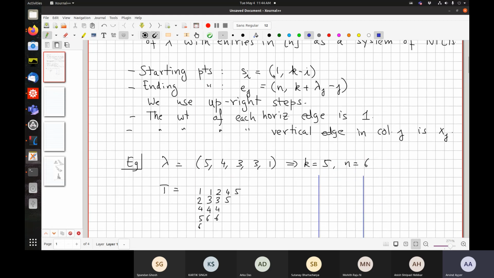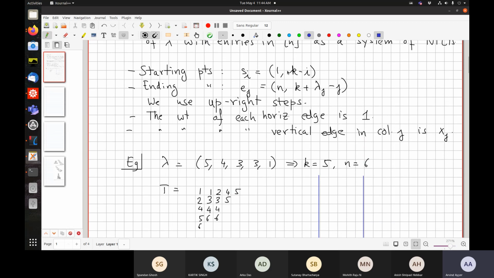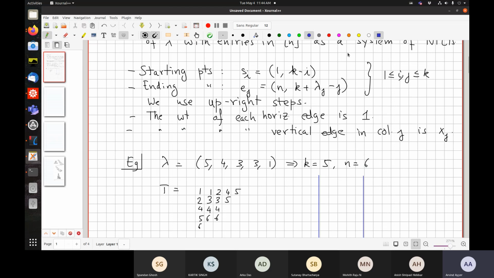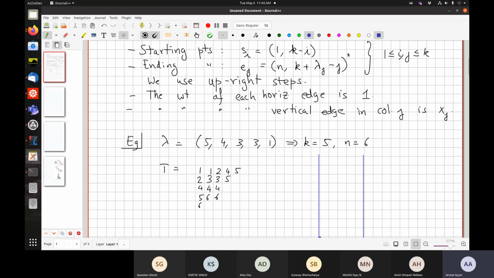Okay, so what is my S1? Remember that i and j run from 1 to k. So back here, my first point is at (1, k), which is 5, 5 minus 1, so that's 4.